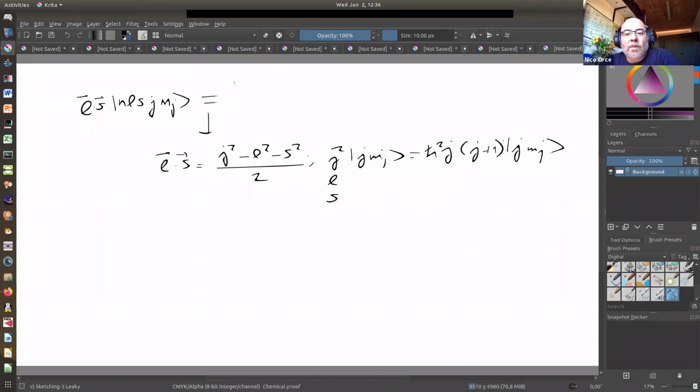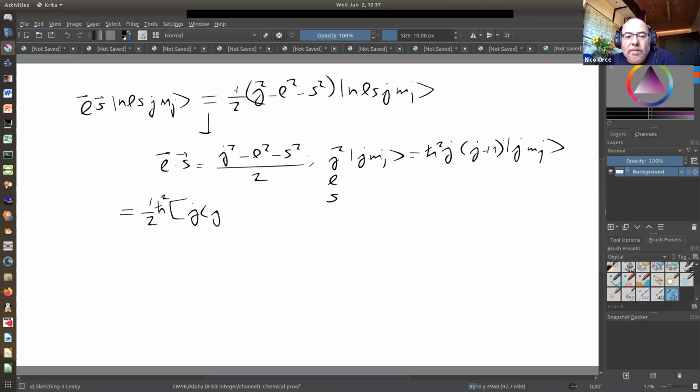So basically, let's do it one by one. One half of J square minus L square minus S square applied onto n l s j m_j is going to be equal to one half of h bar square, j times j plus 1, minus l times l plus 1, minus s times s plus 1.